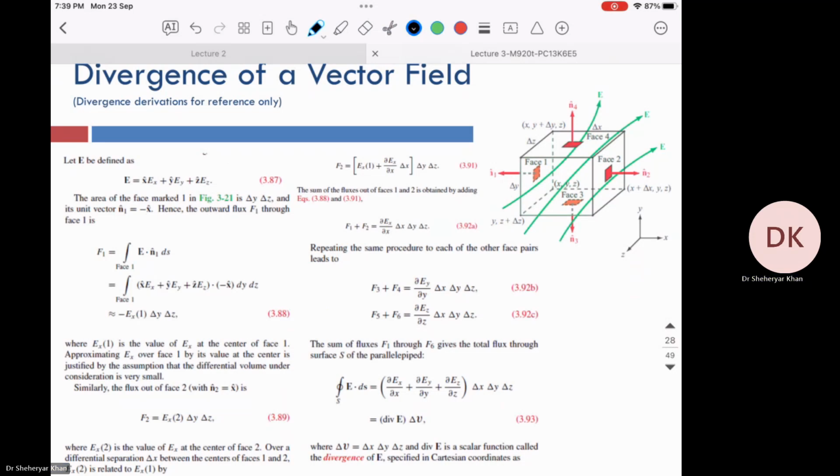Now, for simplicity, just look at E vector. E is our electric field. So this is our E. Remember, any vector has 3 components because it's a Cartesian system, right? So E has some component along the x-axis. Its value may be 10, 5, 6, whatever.